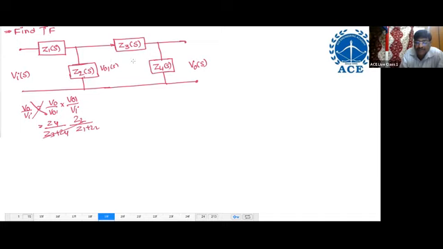Next stage impedance falls on the before stages. That is called loading effect. For example, here a 100K resistor is there, parallel with, for example, 1K.